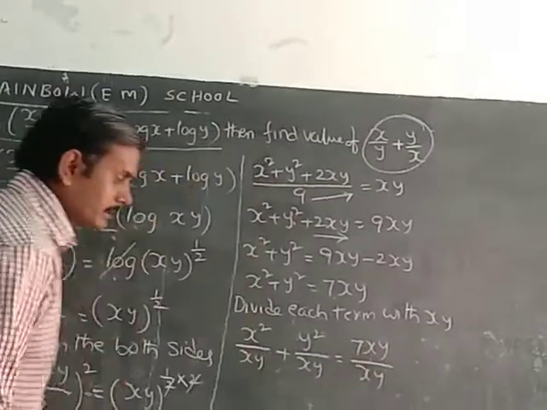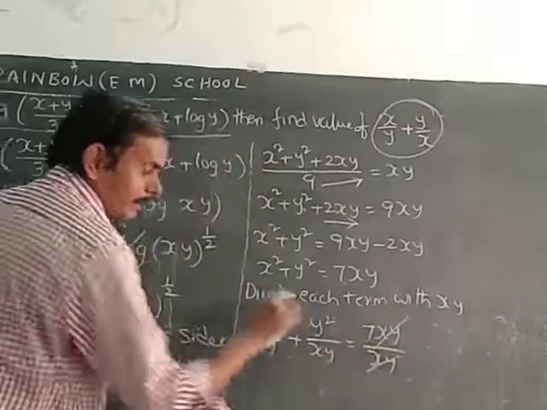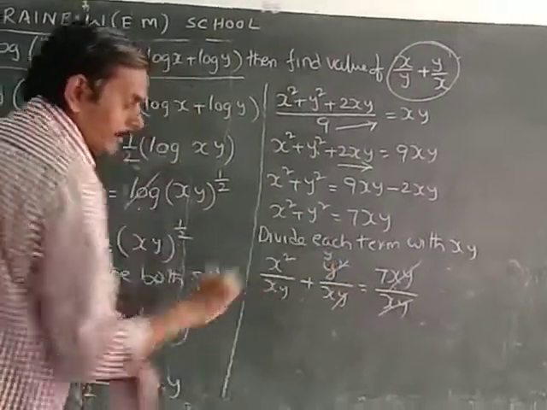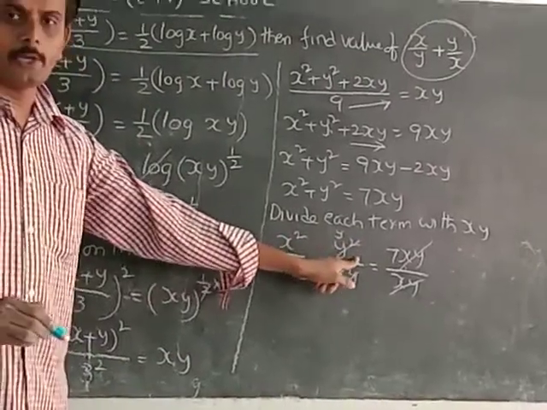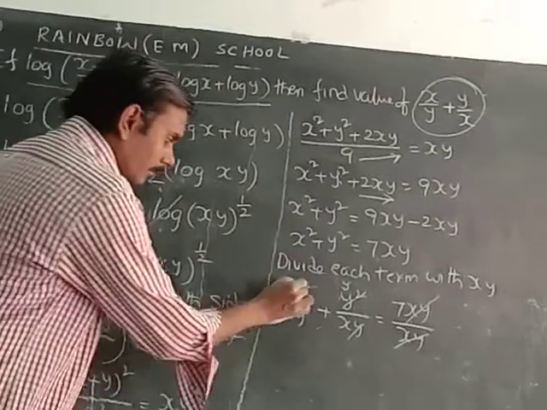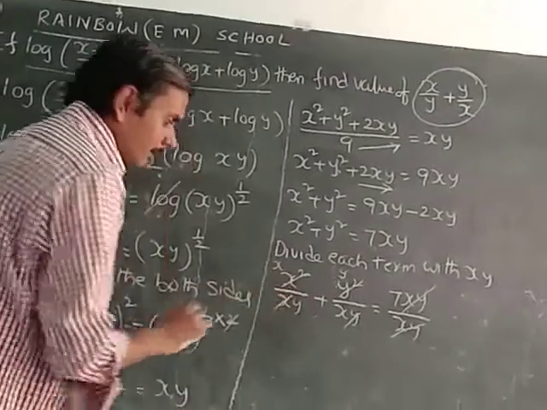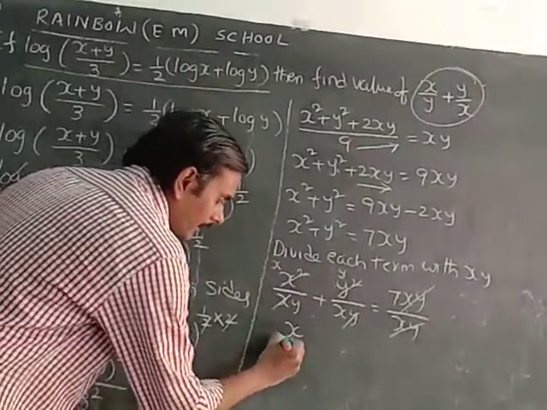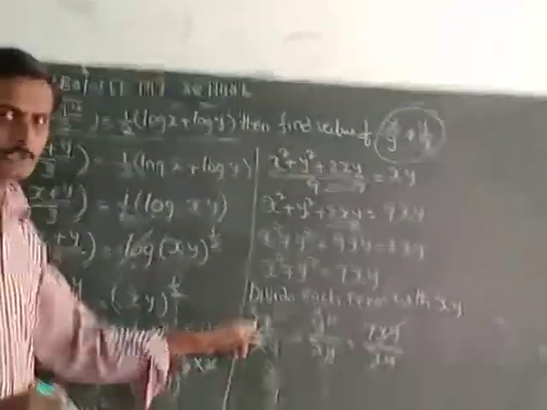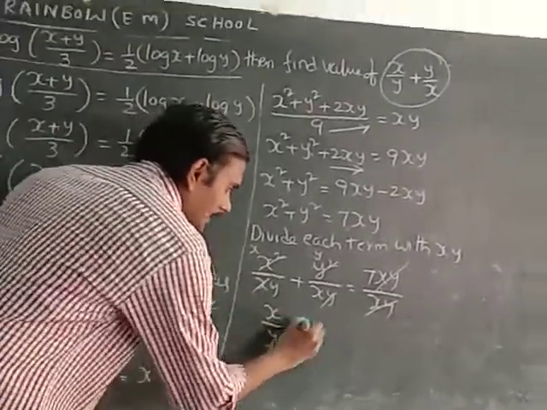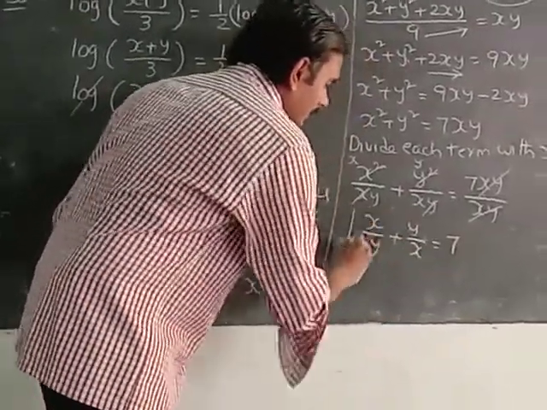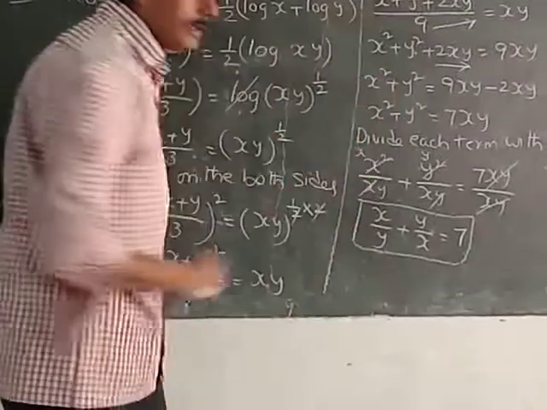Here xy will be cancelled on the right. In y square by xy, one y cancels; in x square by xy, one x cancels. What remains is x by y plus y by x equals 7. This is the answer.